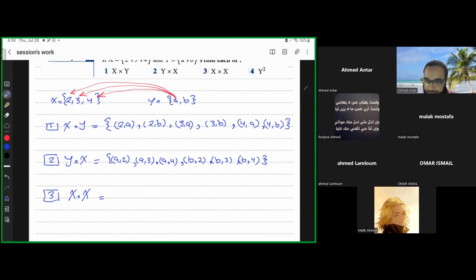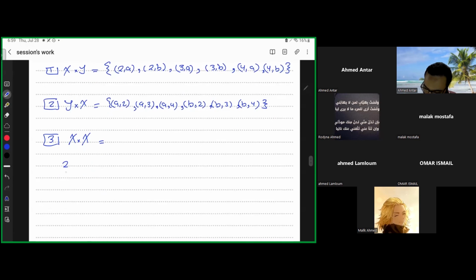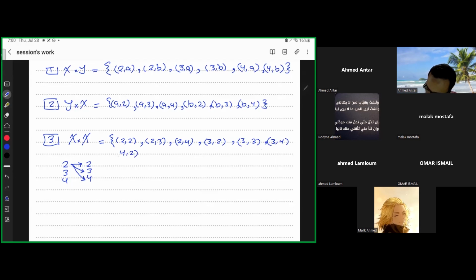Yes, you can do it as the following: 2, 3, 4 with 2, 3, 4. (2, 2), (2, 3), (2, 4). After that, (3, 2), (3, 3), (3, 4). Then (4, 2), (4, 3), (4, 4). This is x Cartesian x.